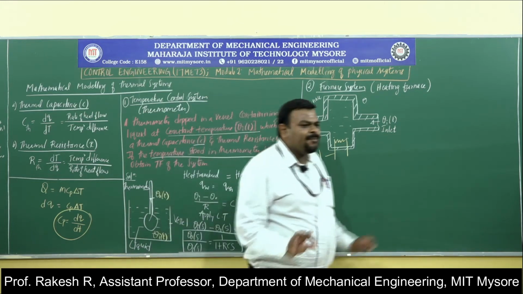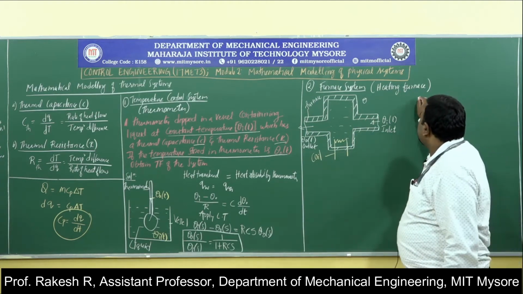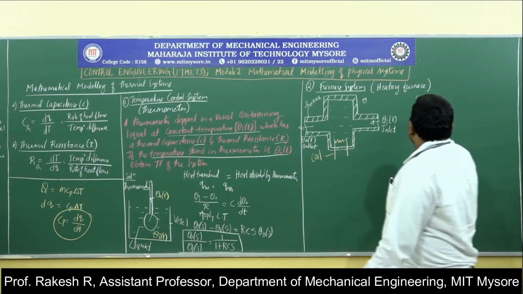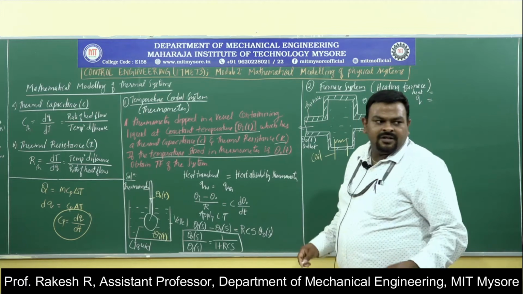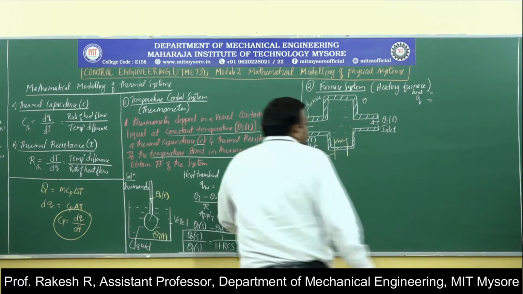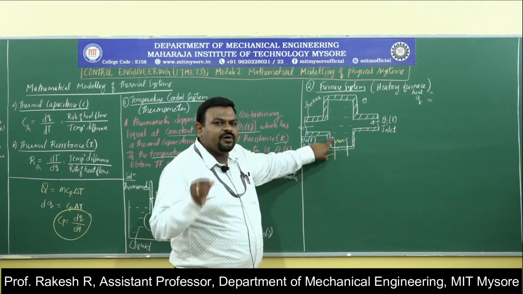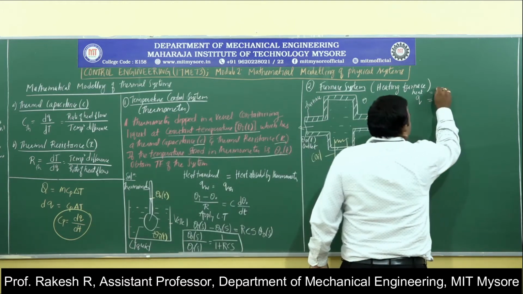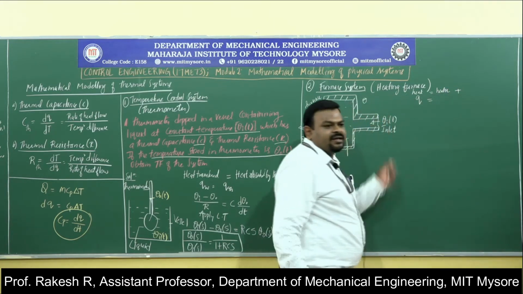So let us apply the law of conservation of energy here. What is the total heat in the system? The total heat in the system will be equal to how much heat is utilized to heat up the water, plus the heat lost to the surroundings.